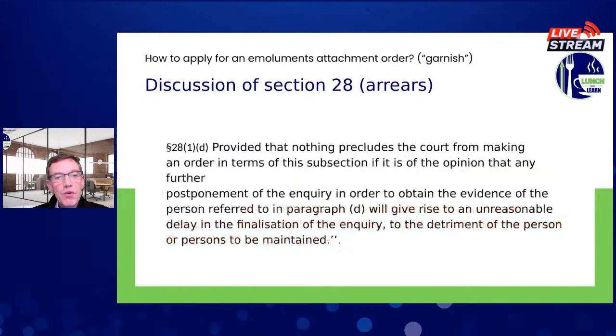Now, there's a very important provision also contained in Section 28(1)(d) of the Act, where it says that nothing precludes the court from making an order in terms of this subsection if it is of the opinion that any further postponement or inquiry in order to obtain evidence of the person referred to in this paragraph will give rise to unreasonable delay in the finalization of the inquiry to the detriment of the person or persons to be maintained. So what does that mean?